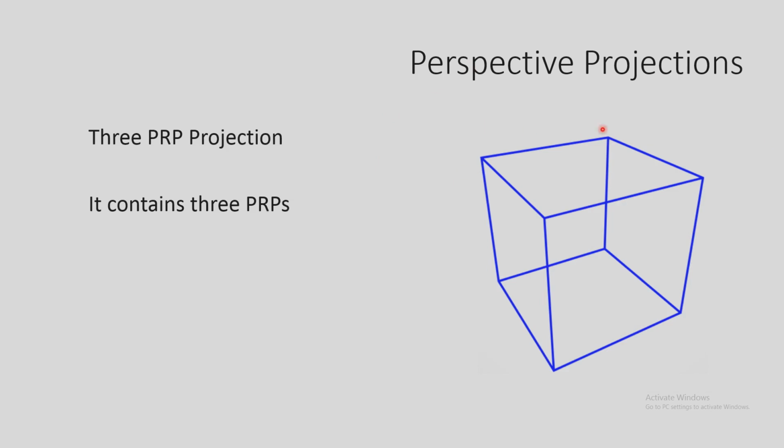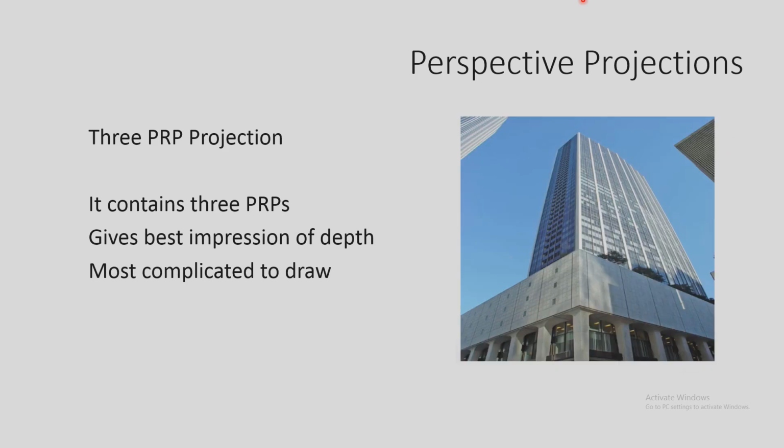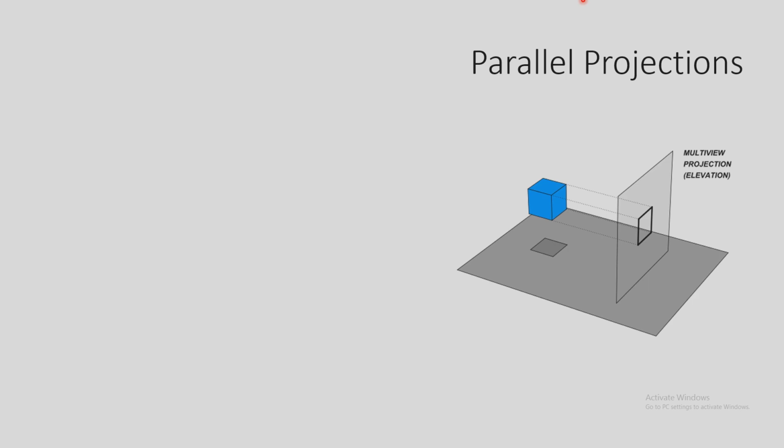Some of the lines converge to this point, some to this point, and some to this. So 3 different reference points present an even better impression of depth. But it becomes very complicated to draw such an image. A live example of a 3PRP image is this. This gives a feeling of actual depth.